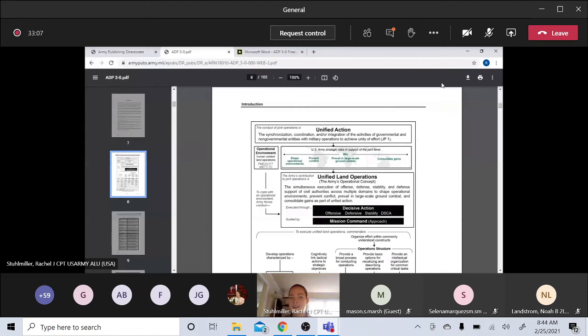And so unified action is the idea, and we're going to talk about this a lot, it's talking about coordination and integration from governmental and non-governmental entities with military operations to achieve that unity of effort. So when we're talking about unified action, we're talking about a lot of different entities, much higher levels of thinking. This shows you how everything fits together.